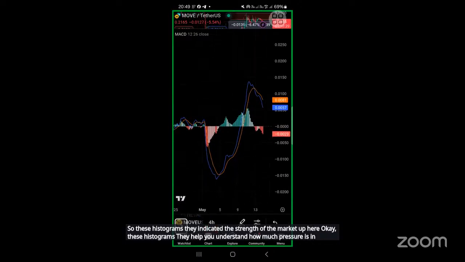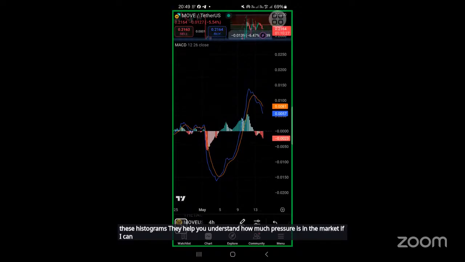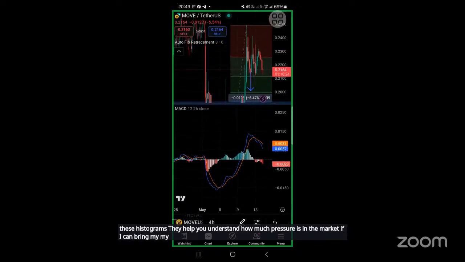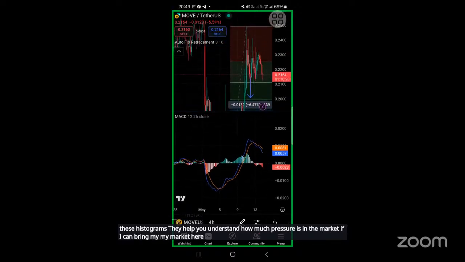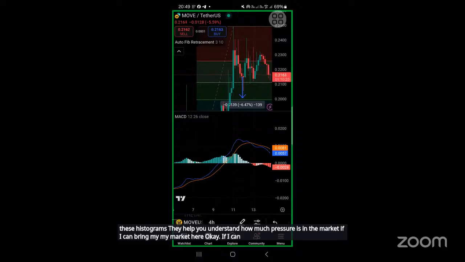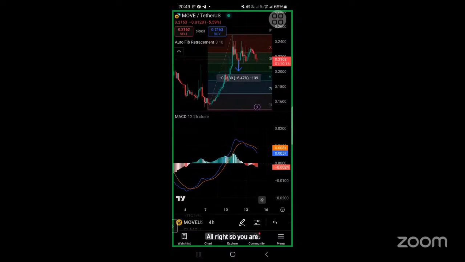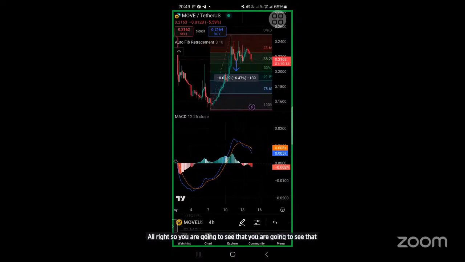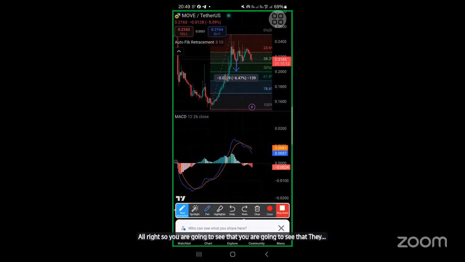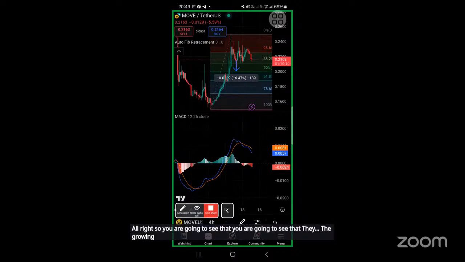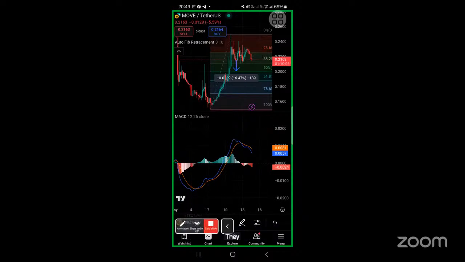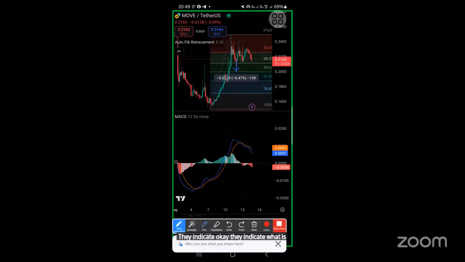If I can bring the market right here, you are going to see that the growing of the histograms indicates what is happening above on top.